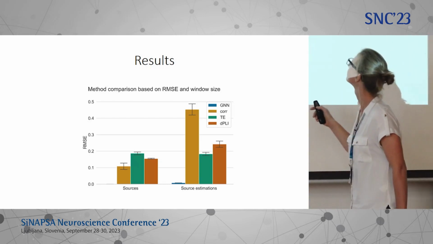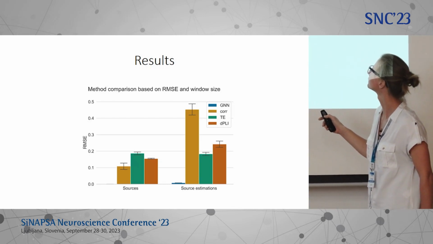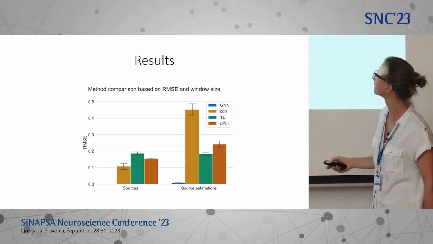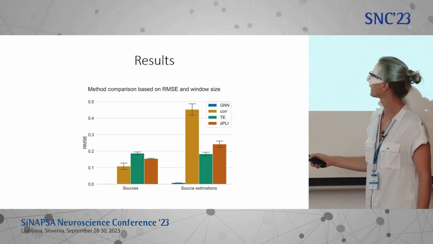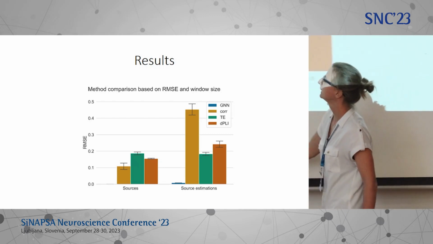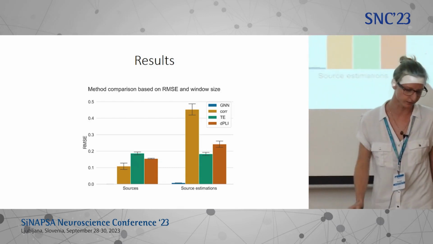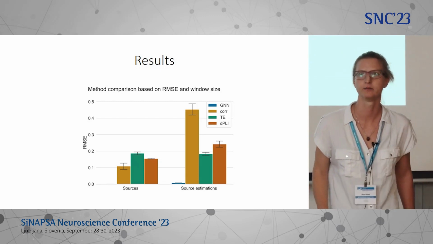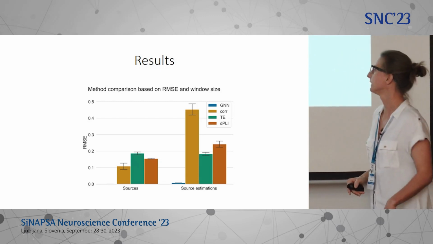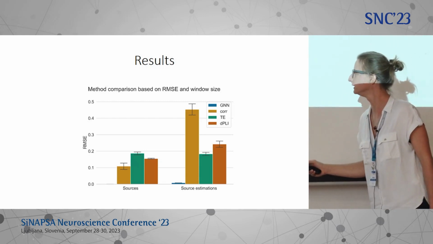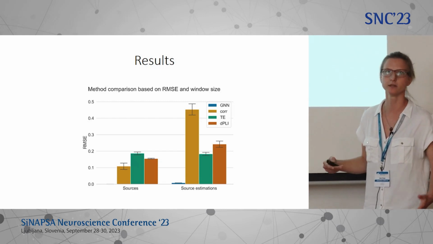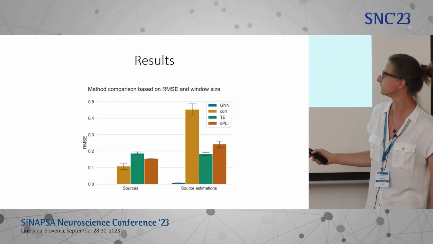And here we have correlation, transfer entropy, and directed phase lag index. So these are these three. And we have two groups. For these methods, I computed the error on original data as well, because I wanted to see how the inverse modeling actually corrupts this estimation.